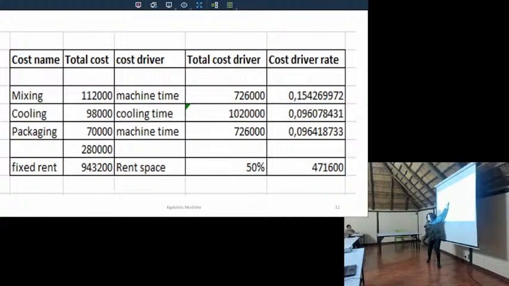This is why we calculate the cost driver rate in order to allocate it based on what that product used. So it shows whether the lollipop used more machine time or the cookies used more machine time. So the allocation now will be more accurate, because it's saying that most of the time the cookies are using the machine, not the lollipops.